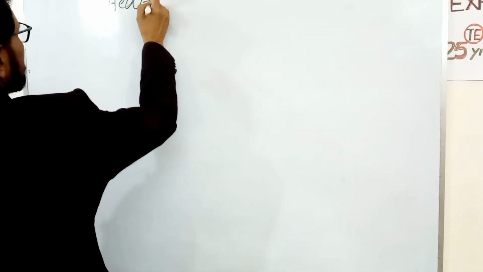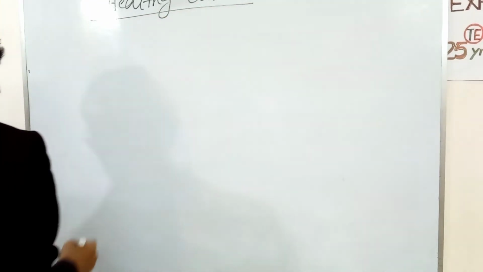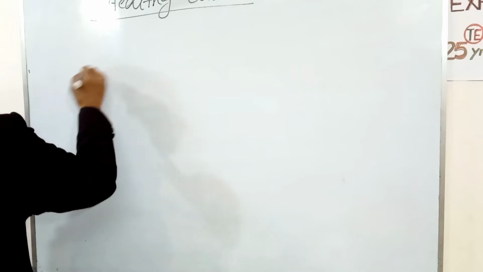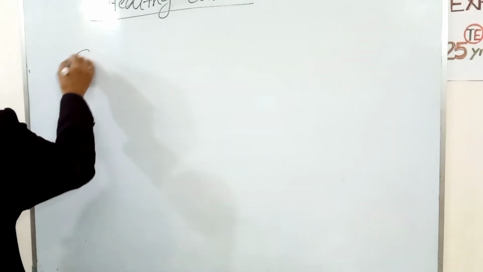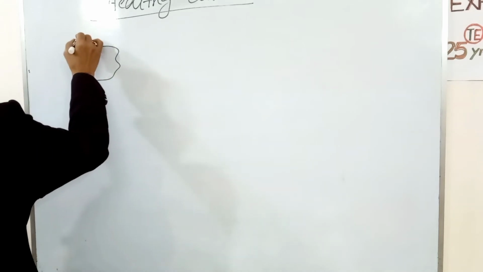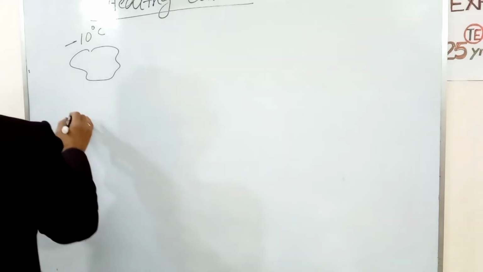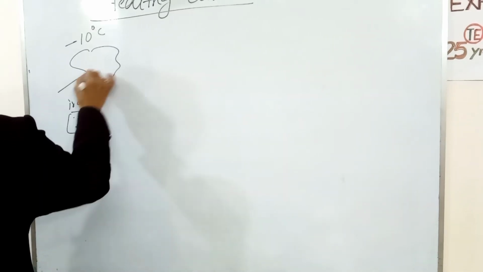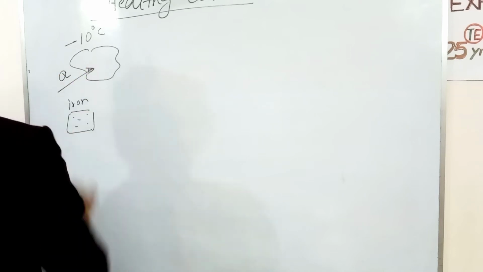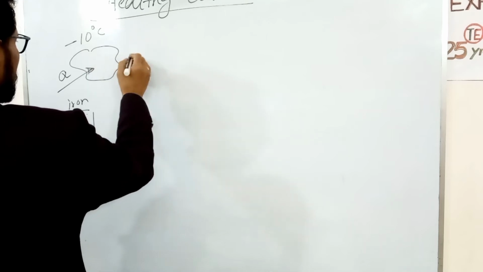Next topic is the heating curve. Suppose we take a solid substance and heat it, say ice at minus 10 degree centigrade, or an iron piece. When we apply heat, the temperature of the ice rises to 0 degree centigrade.